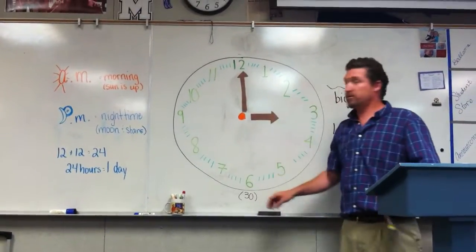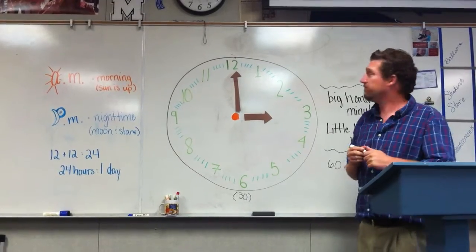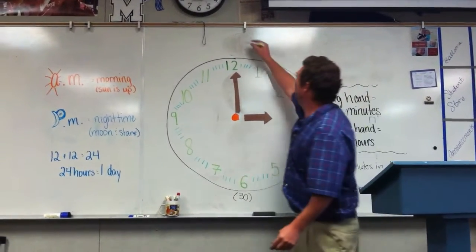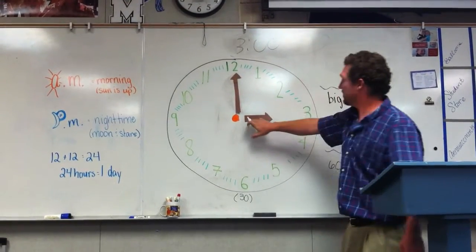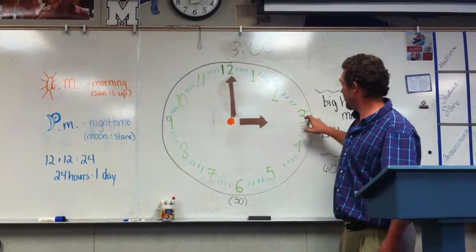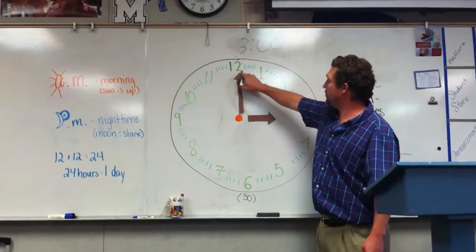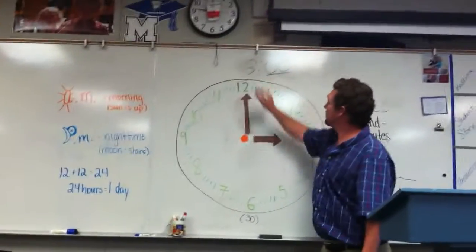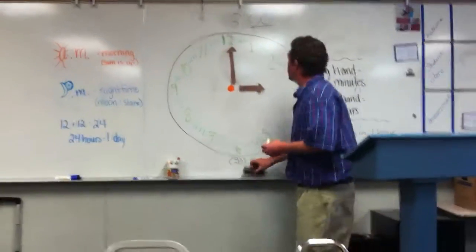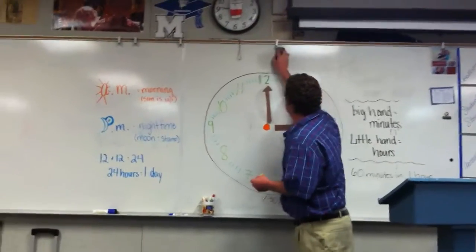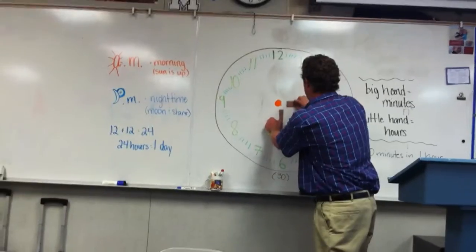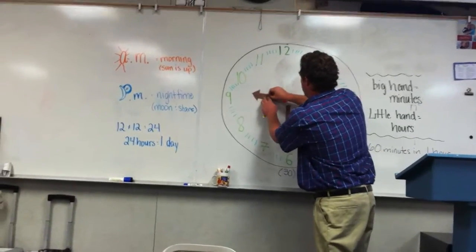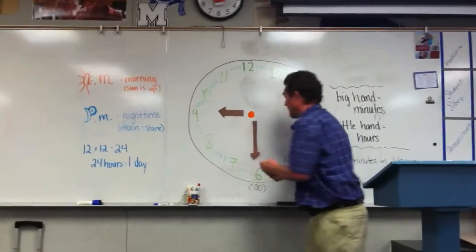Okay, there's number two. Cooper, what's number two? Right, that's an easy one. 3 o'clock. Hour hand pointing at the 3, minute hand pointing at the 12. Very good. Okay.